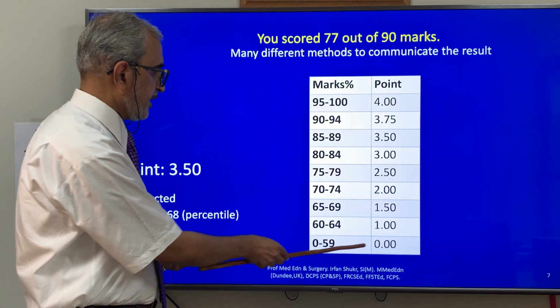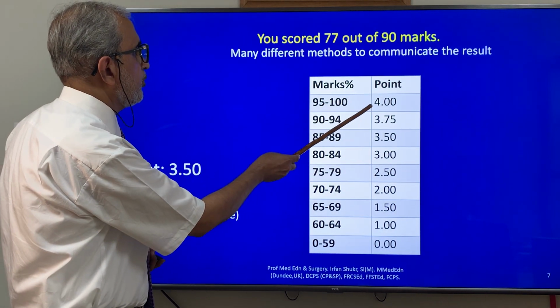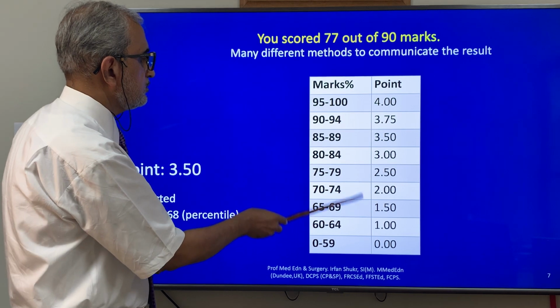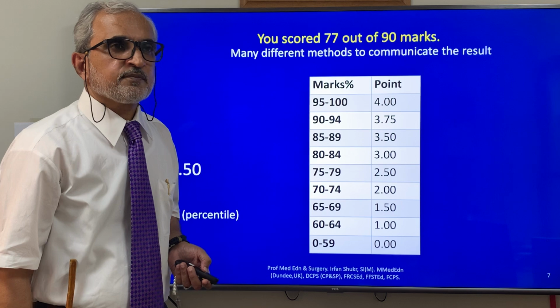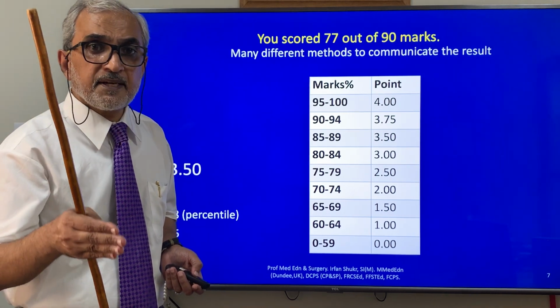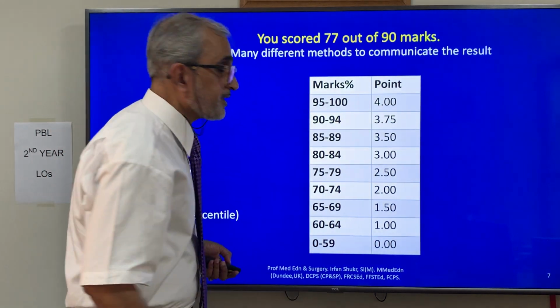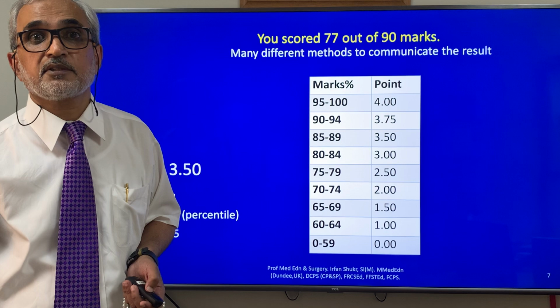So for 0 to 59, it is 0 points, and anybody who scores 95 to 100 gets 4 points. And this is how the points are given. Since these points are given by grading the percentages, this is called a grade point.